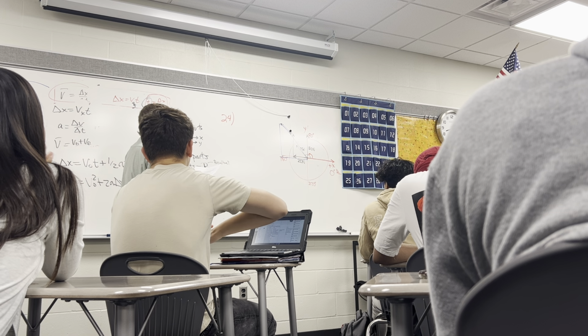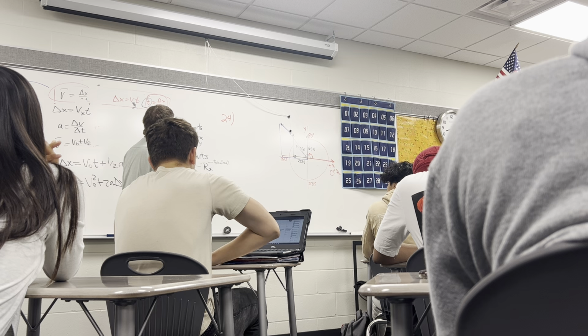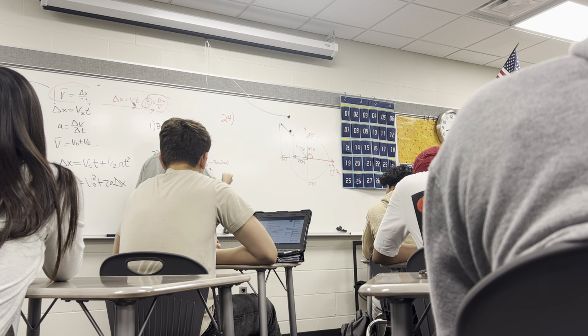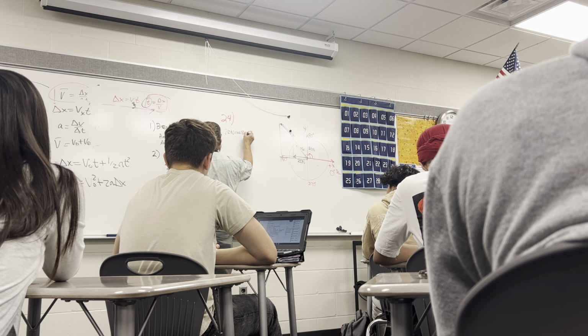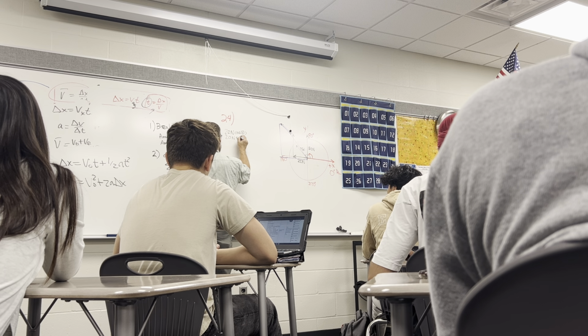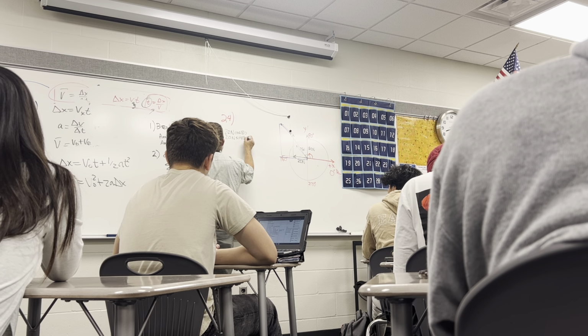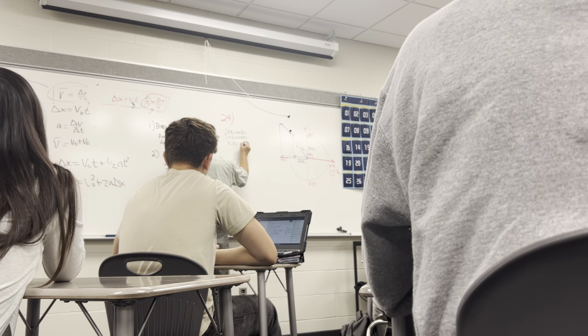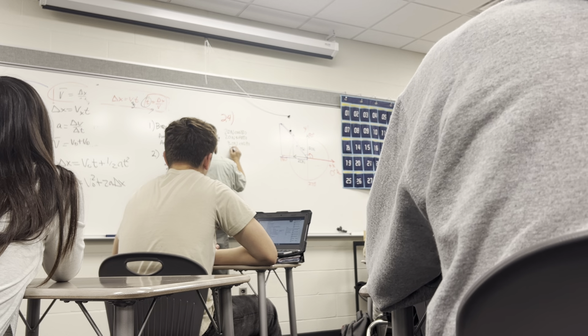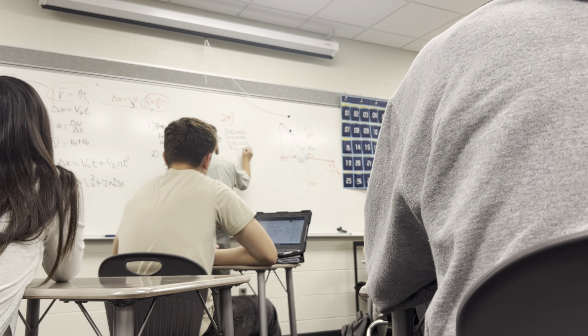Just take your 20 newtons times the cosine of 180, and 20 newtons times the sine of 180, and then you're going to take 30 newtons times the cosine of 90, and 30 newtons times the sine of 90.